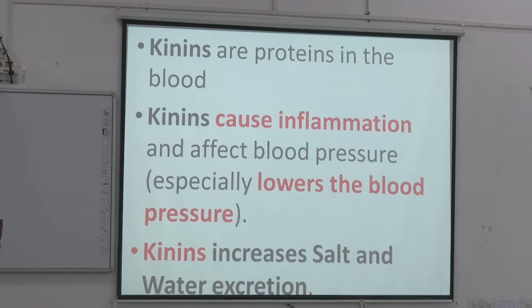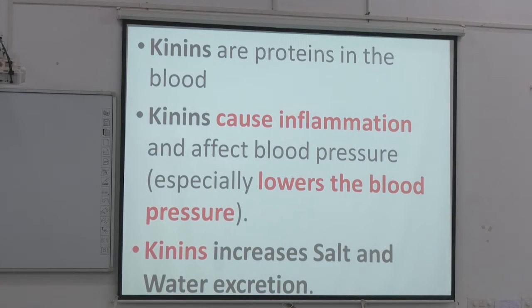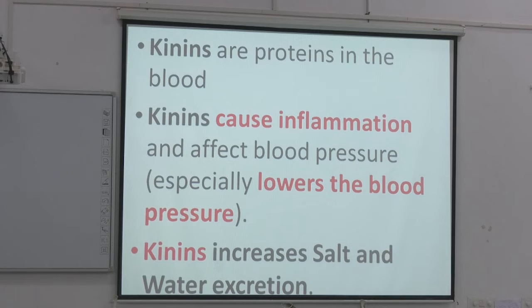Second one is ADH, antidiuretic hormone, vasopressin hormone, which slows down the rate of reabsorption. Third one is renin-angiotensin. Fourth one is ANF, atrial natriuretic factor. Fifth one is kinin. Okay.